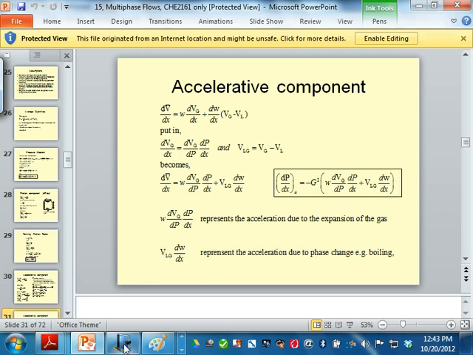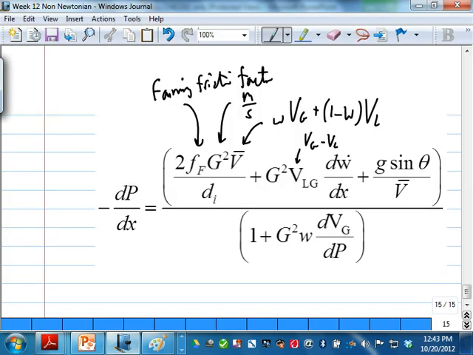VG minus VL, correct. Alright, dW dx, well, not dW dx, but just W alone is M gas over M liquid. W is the quality, okay?